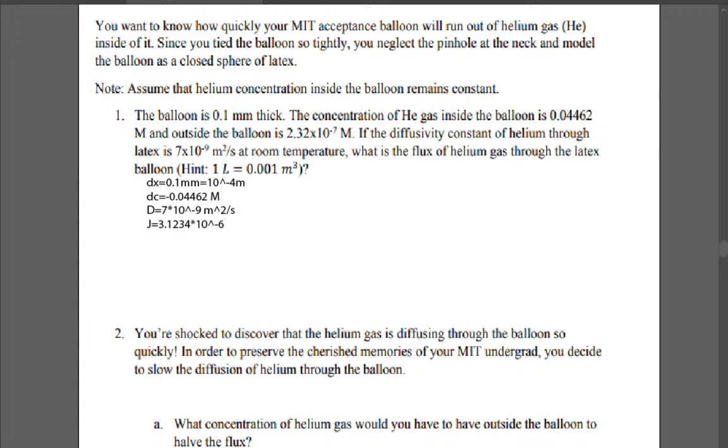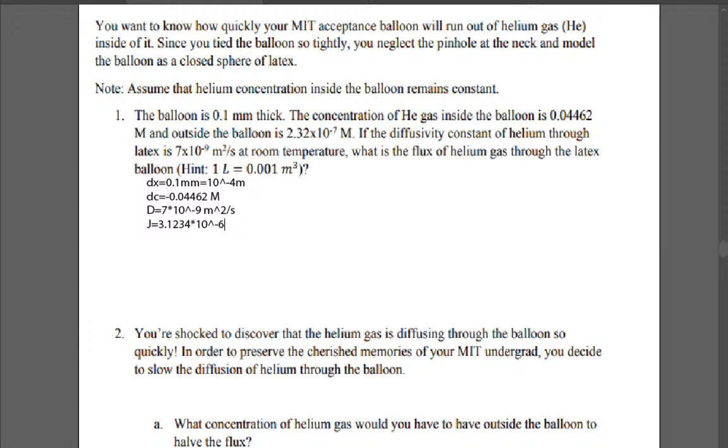So what you'll get is actually 3.1234 times 10 to the power of negative 6, which is pretty accurate. The error would be a couple percent, so you don't really need to care. Wait. I didn't consider the units.